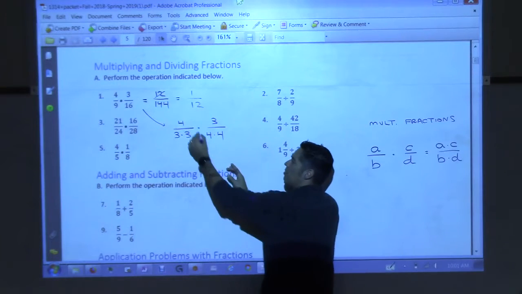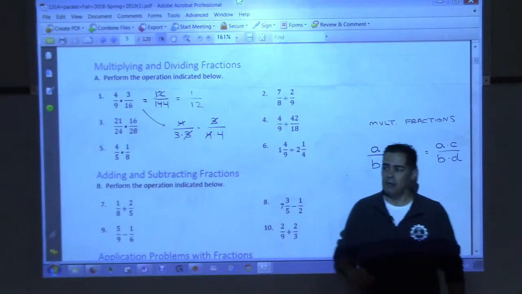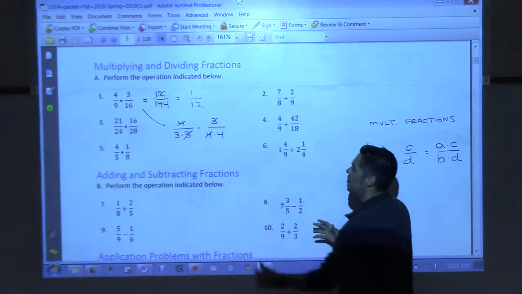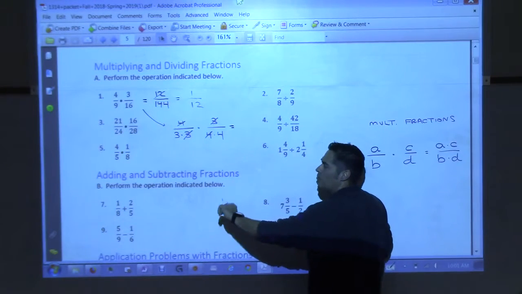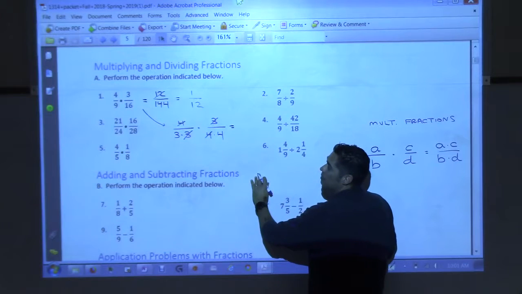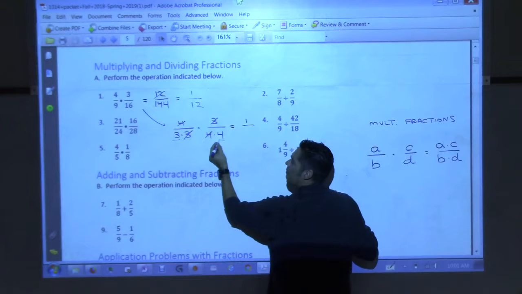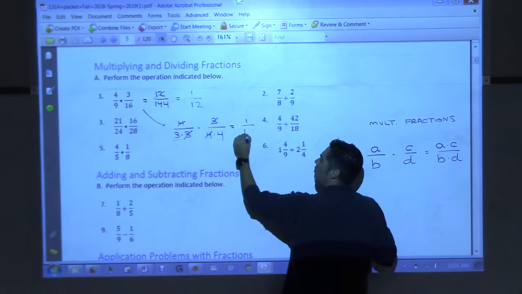Then you can cancel one of these 4s and one of those 3s. Do you all agree with that? If you canceled everything out, what would still be there on top? A 1. And on the bottom, you'd have 3 and 4 being multiplied, and that would give you 12. So you could have done it that way also.